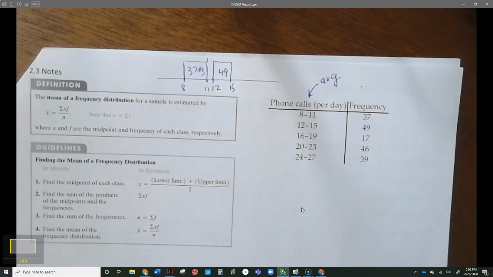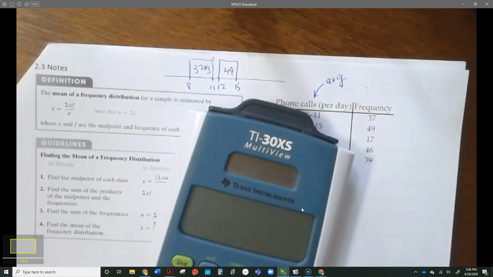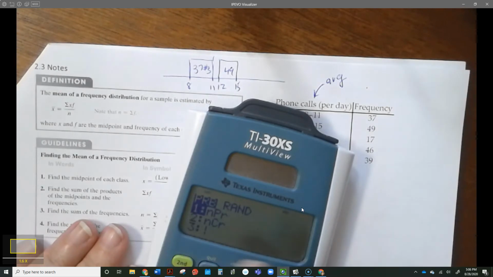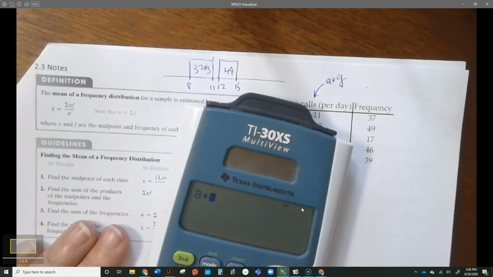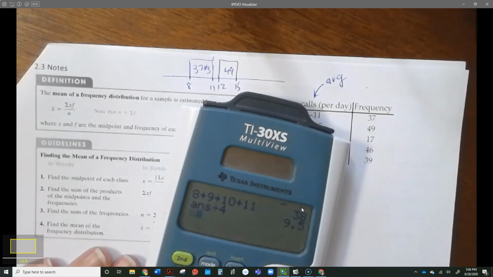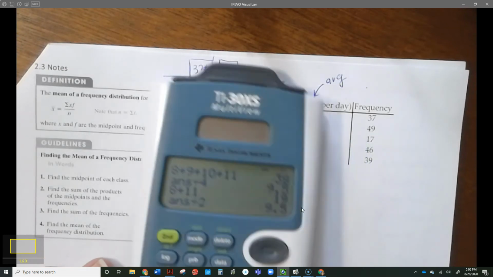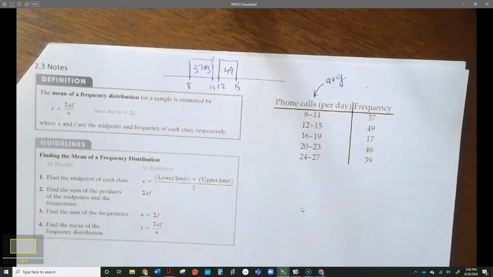Is it going to be 8 plus 9 plus 10 plus 11, and we're going to divide that by 4, or is it going to be 8 plus 11, and then we're going to divide that by 2? Comes out to be the same. That's kind of what I thought. It was going to be the same, because you're going to find the middle.